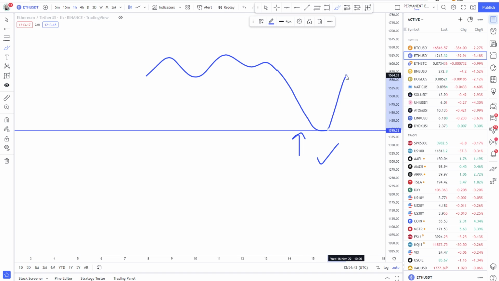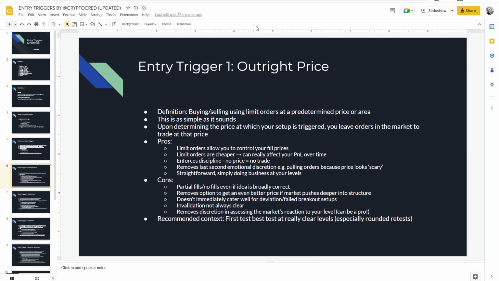And then, if the market bounces, good for you. If it doesn't, maybe you get stopped out, whatever. But the way you transition from observer to participant is that by leaving limit orders at a certain level, when price trades those levels, the rest is done for you. Your limit order gets filled and voila, you have a position. So that's at its core the most basic mechanism at play there.